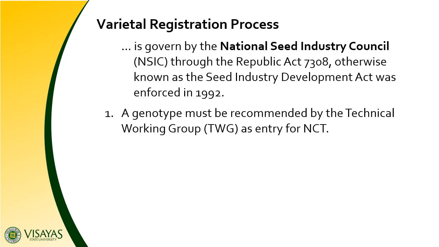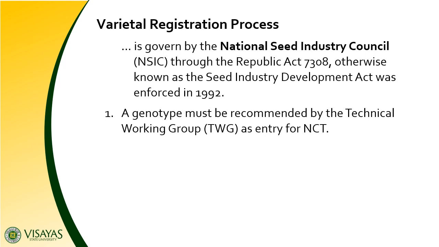So the first step in the registration process is that a genotype or a certain line must be recommended by the Technical Working Group, or TWG, as an entry for NCT, or National Cooperative Testing. It must be recommended by the Technical Working Group.